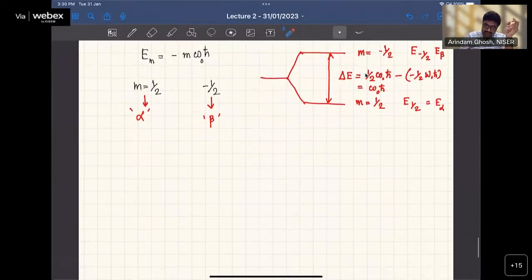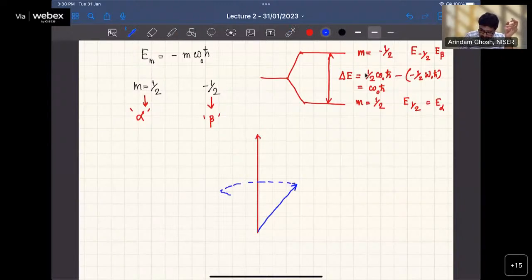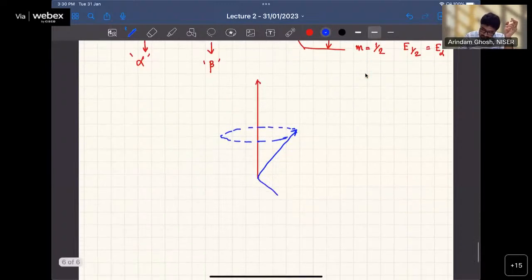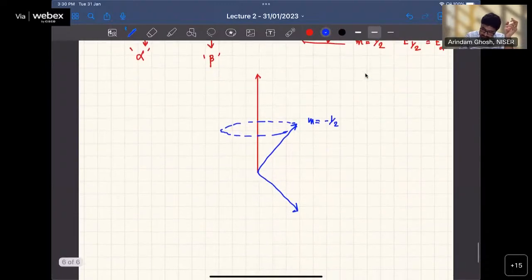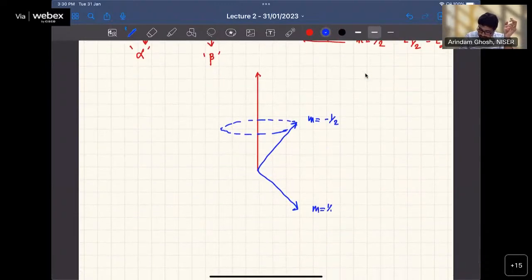So if you just try to draw it, this is your magnetic field. One is going to be like this, and that is going to have a precession like this. Another one is going to be like this, that is, m goes from the upper one, minus half, and this goes to m equal to half.